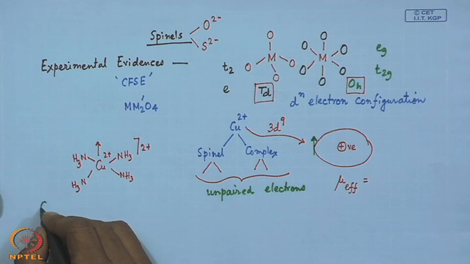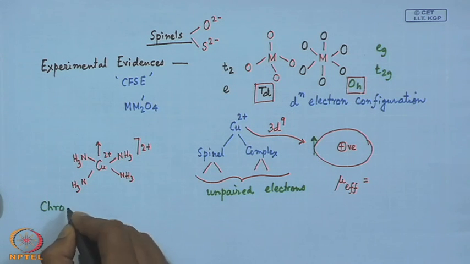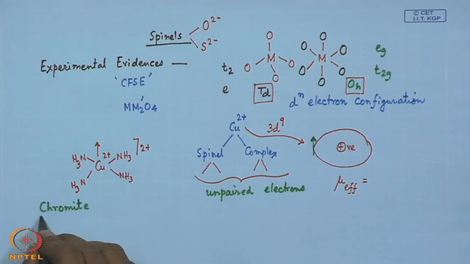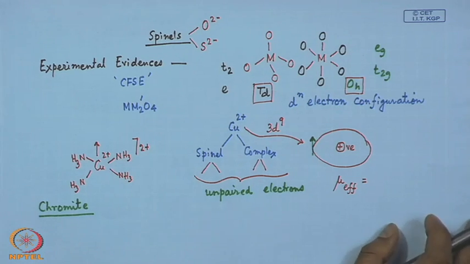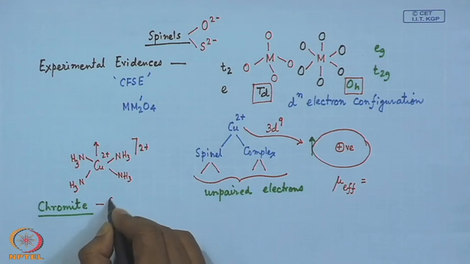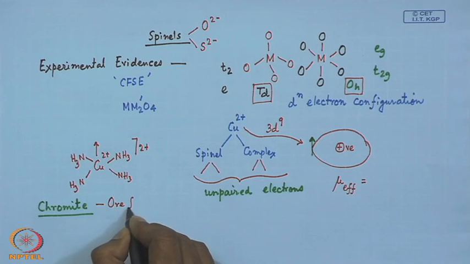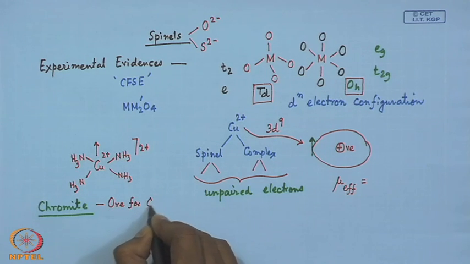So, chromite. We all know that this chromite is a typical ore for chromium.